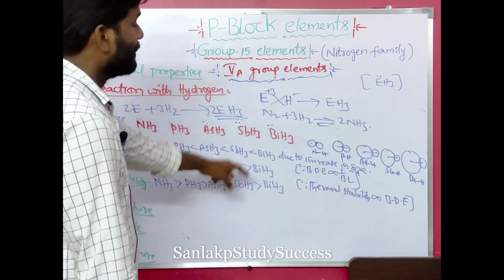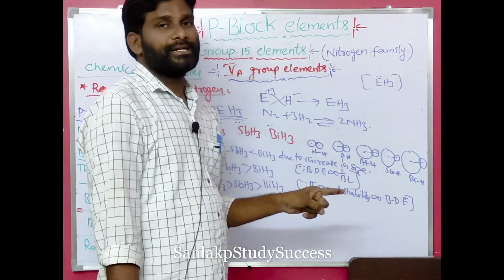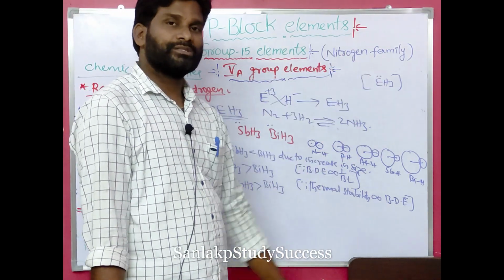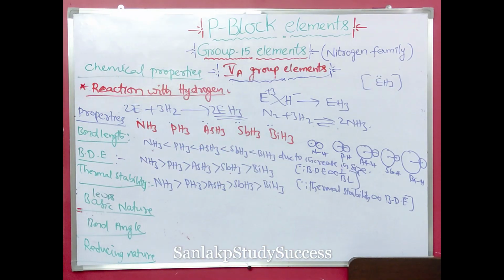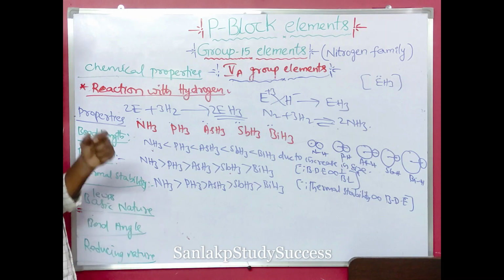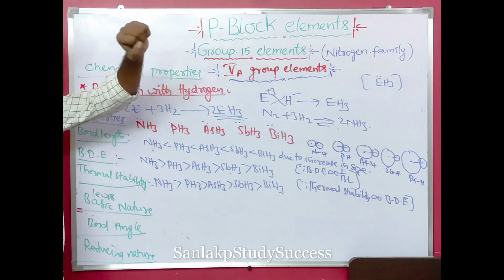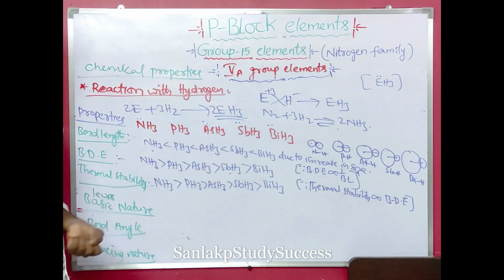According to the Lewis concept, an electron pair donor is a Lewis base. All contain lone pairs, so all act as bases. But which is the stronger base? The one that gives the electron pair easily has high electron density, and that acts as a stronger base. The one that cannot give its lone pair easily acts as a weak base.